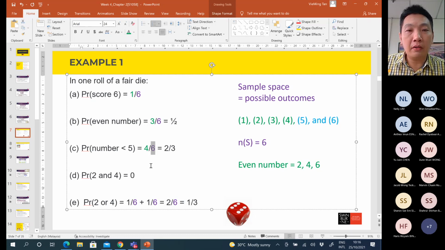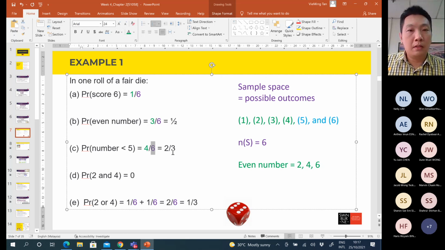Simplify, you'll get 2/3. Some students may ask, can we simplify by converting to decimal number? Can, but your answer will be 0.66667, a continuous decimal number. So this may create a rounding error later on. So it's better to leave the answer in a fraction.